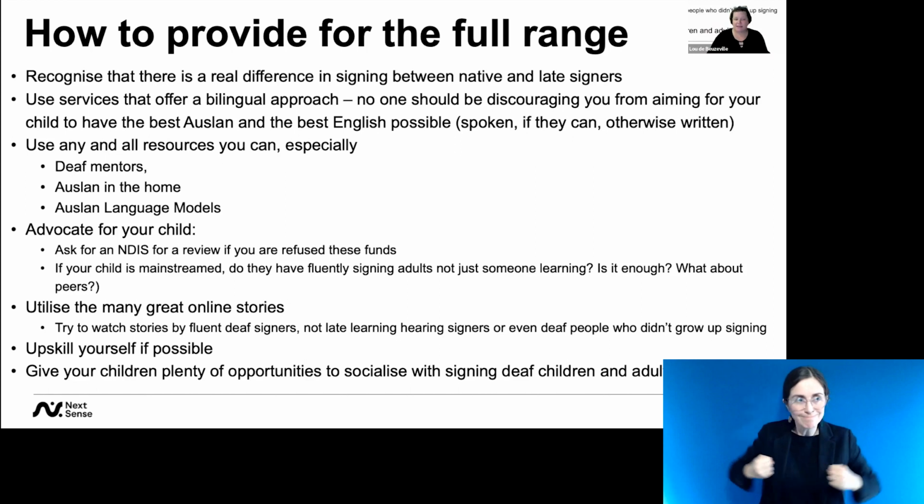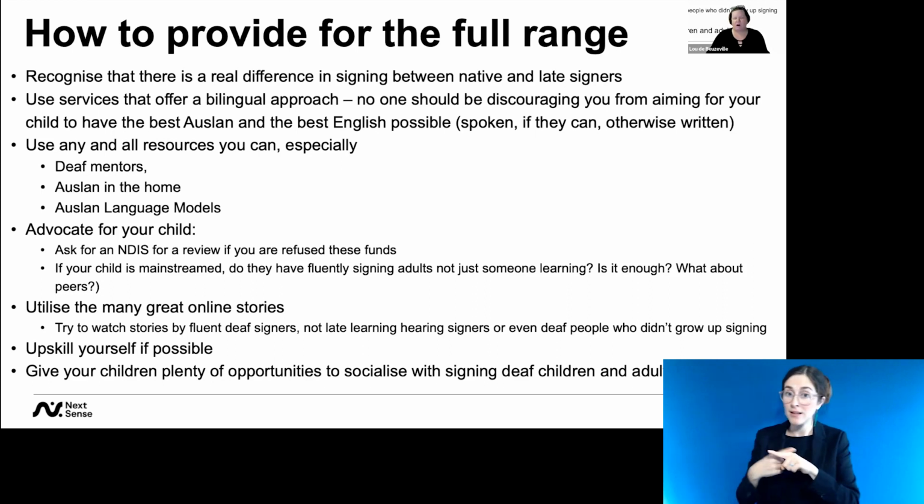Another thing is, as well as accessing resources that you can easily access, this is easy for me to say. I don't have kids, and if I had a deaf child, I often think I would just die of exhaustion. You've got to advocate for your kid, especially if you are choosing Auslan, and especially if you're choosing both.